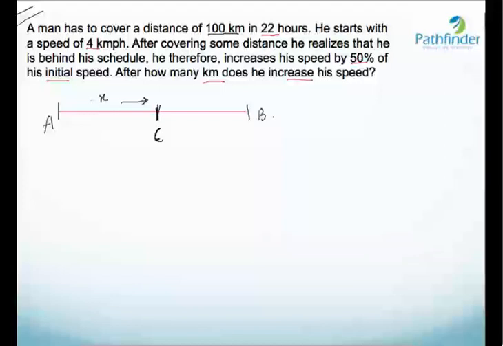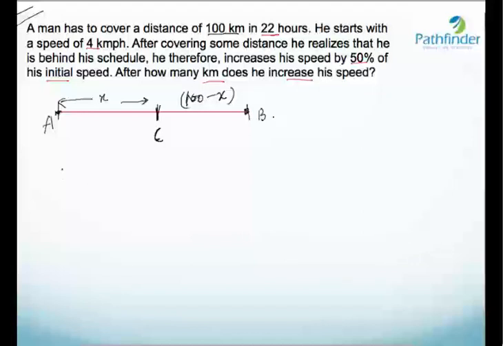So let us assume that this distance from A to C is x. And because the total distance from A to B is 100 kilometers, the distance CB can be represented as 100 minus x.